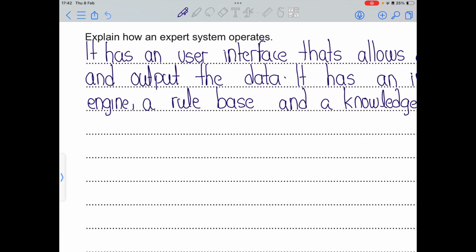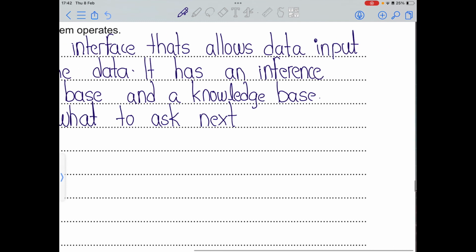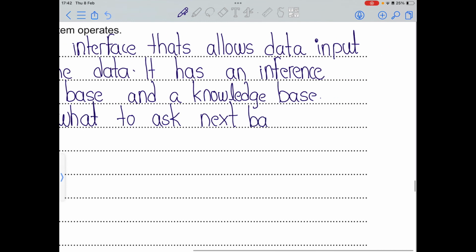So we can also say that it decides what to ask next based on the previous input of the user.